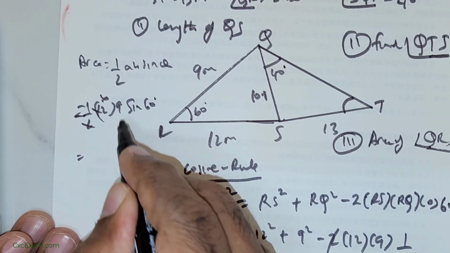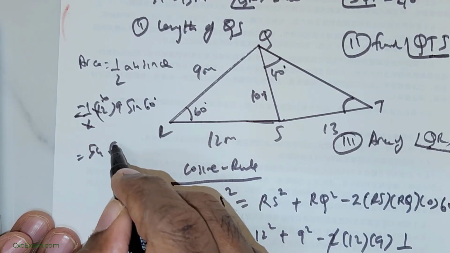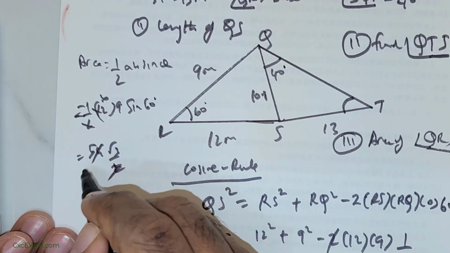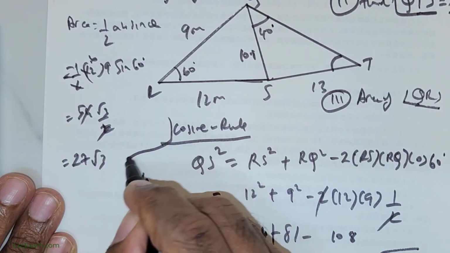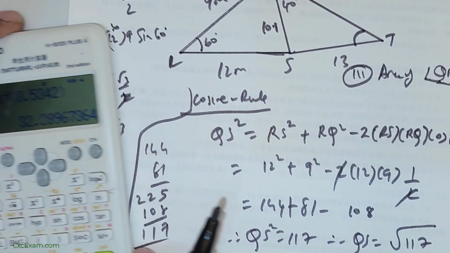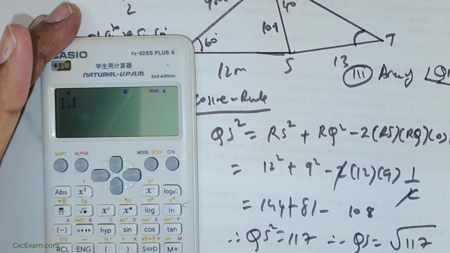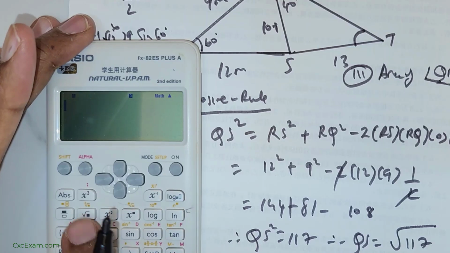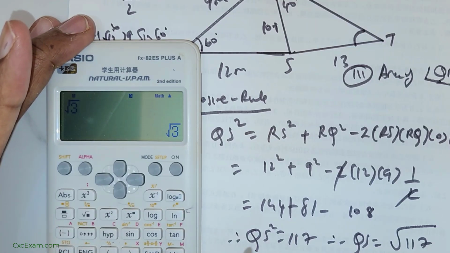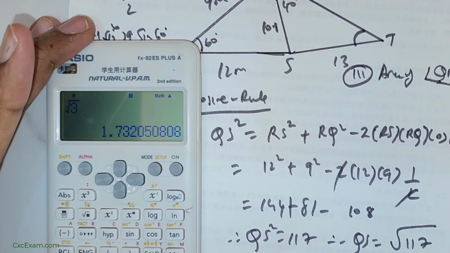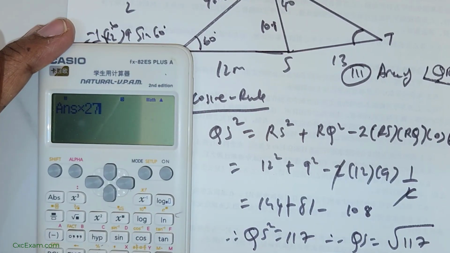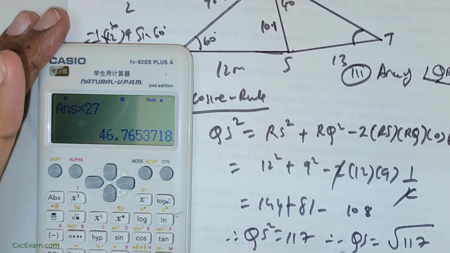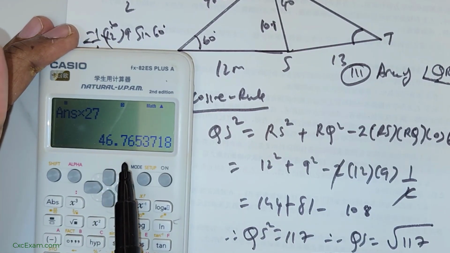So 2 divides 12, 6 times 9 is 54. Sine 60 is root 3 over 2. 2 divides 54, 27 times root 3. If I take root 3 as 1.7321, let me check that out. So 1.732 multiplied with 27 is 46.77.